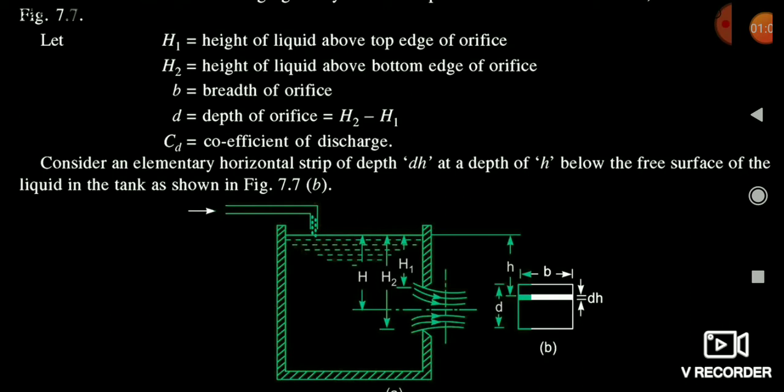The hole will have different heights, h1 and h2. The orifice is something like a jar which has a hole at h height from the bottom.